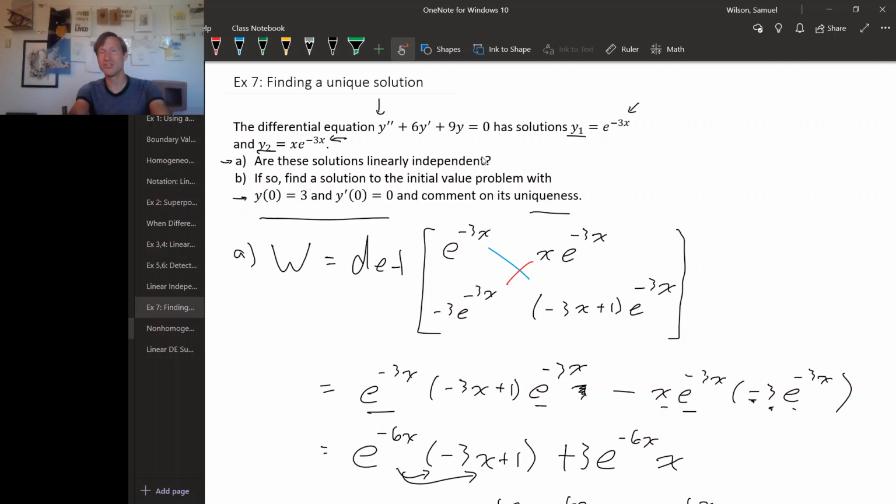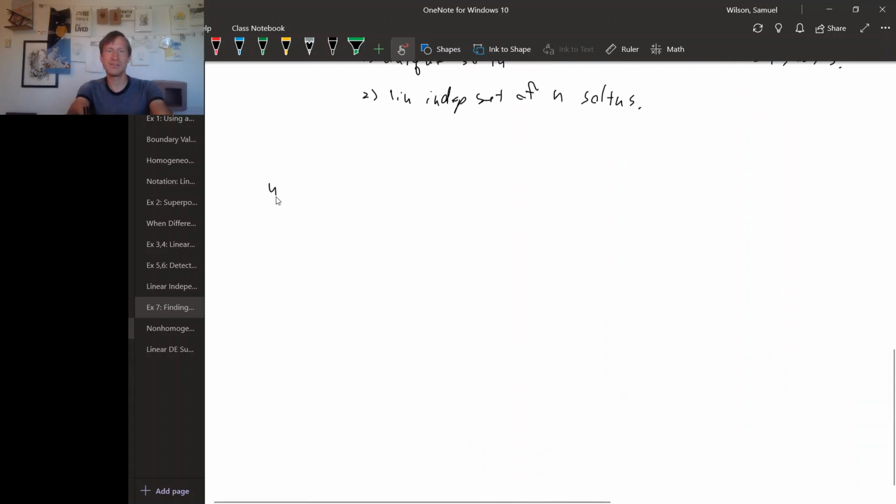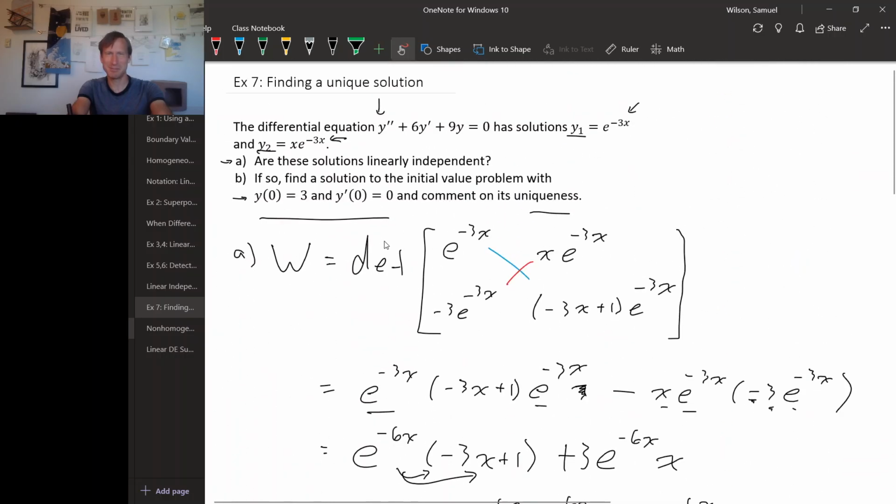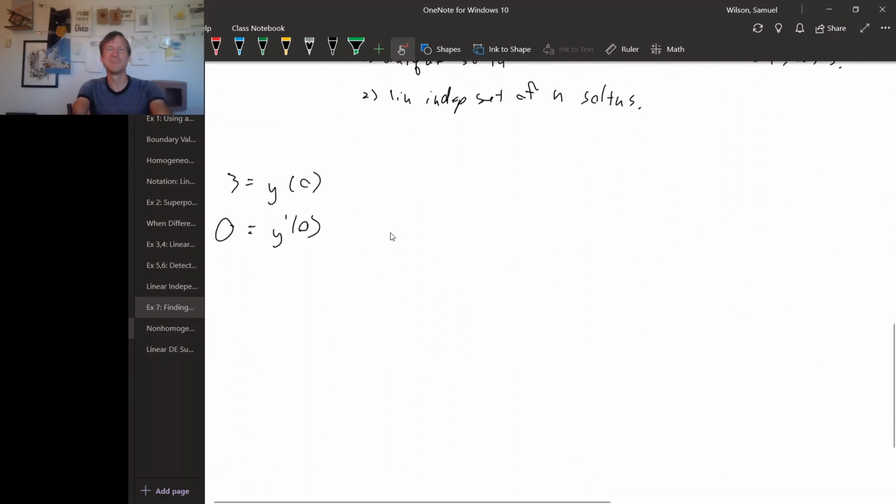So all we have to do is find the combination of y1 and y2 that satisfies these initial conditions. So y of 0 is supposed to be 3, and y prime of 0 is supposed to be 0. Let me just check that I copied those right. Yes. Okay.